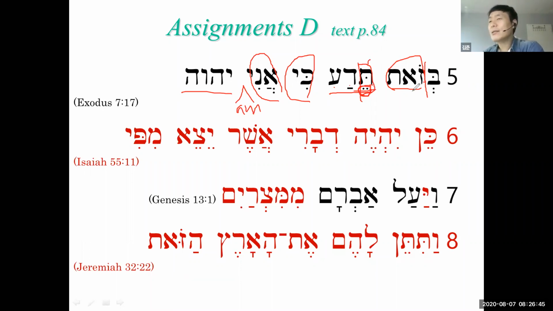You can think that way, but it has nothing to do with the real subject, because this zot is used independently here. It's not the subject, because it says simply by this or in this, and a comma. In fact, if this one were the subject, then you are not supposed to have the preposition be.